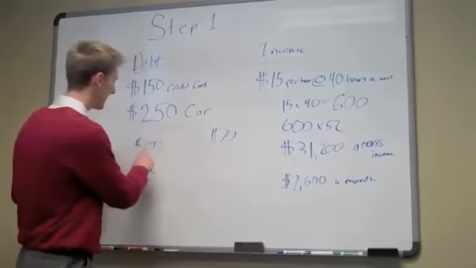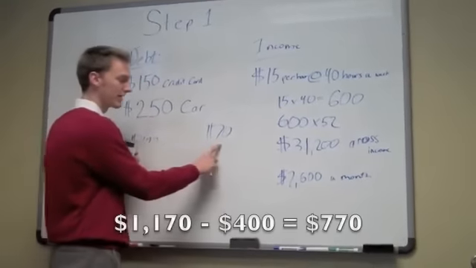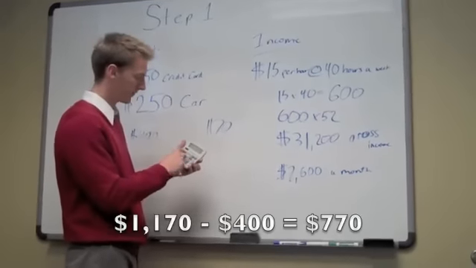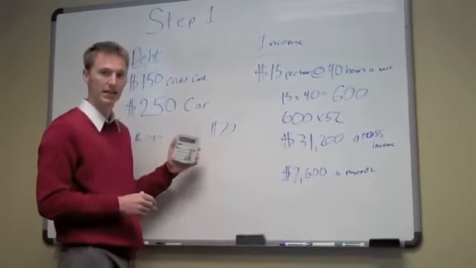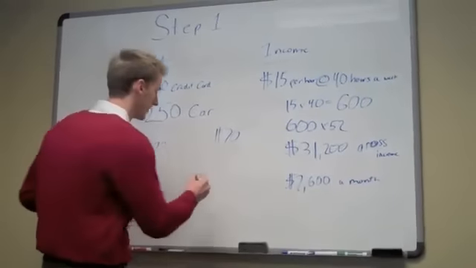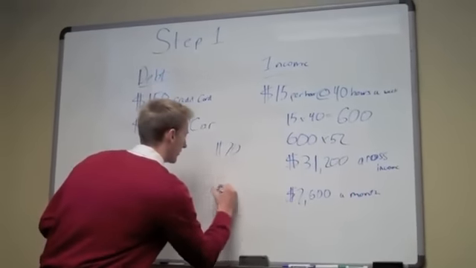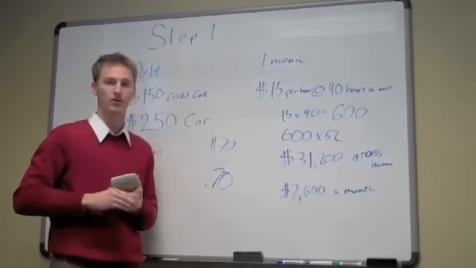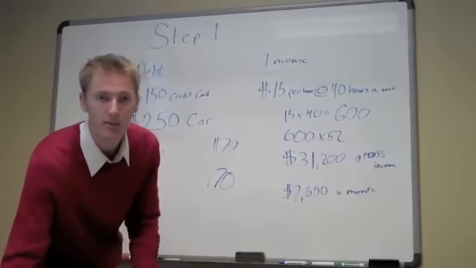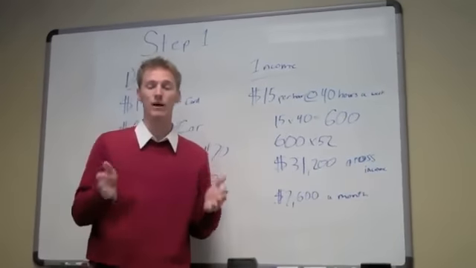Now we take your debt, which is $400, and subtract it from this. So we minus $400. We have $770 left for your mortgage payment. So your total monthly mortgage payment cannot exceed $770 per month. This is a great way to kind of get an idea of what you might qualify for.